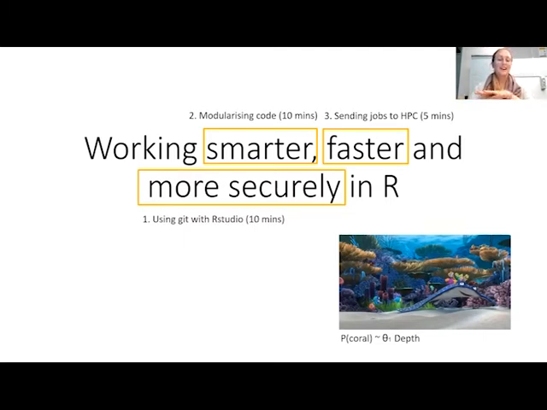So there's a coral reef shoal where the probability of finding coral is related to the depth of the shoal. So for a given number of measurements of depth, we want to be able to interpolate the entire area. And finally, we'll finish with sending jobs to the high performance computer.